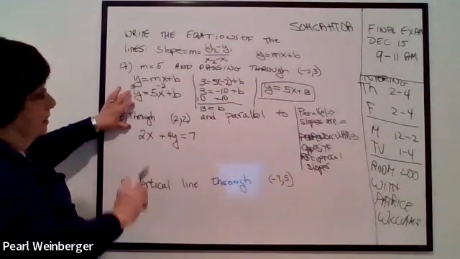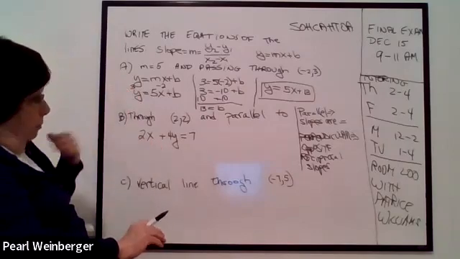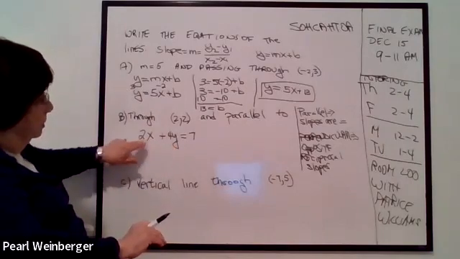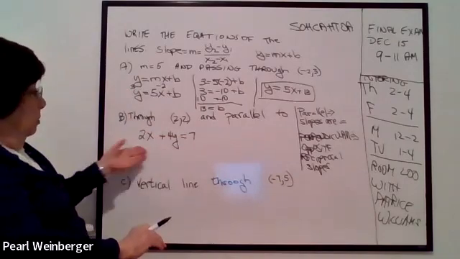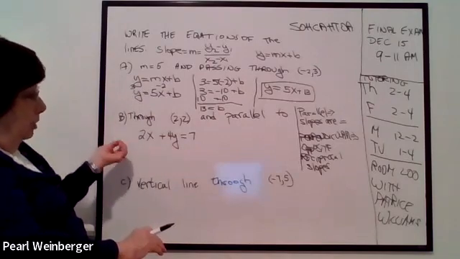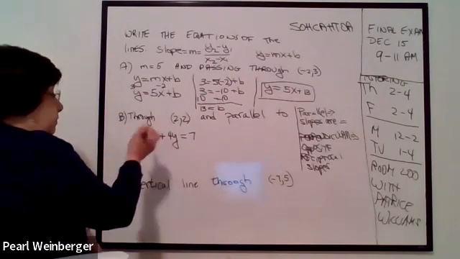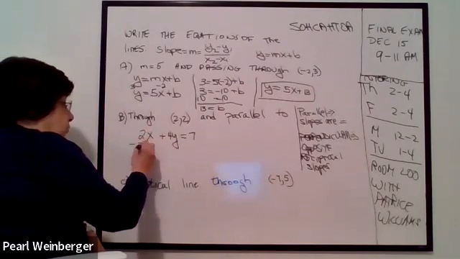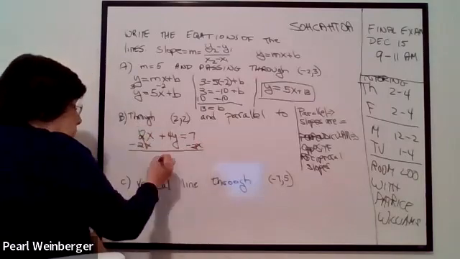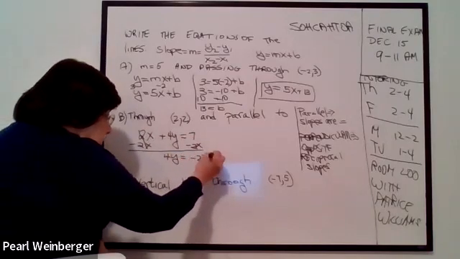Okay, in this case, they're not asking us about perpendicular lines, they're asking us about parallel lines. So we know the line that we're going to write the equation of will have the same slope as this line, 2x plus 4y equals 7. The only thing is, this is not in the right setup so that I could see its slope. In order to figure out what its slope is, I have to put this in the y equals mx plus b form, which means I'm going to subtract 2x from both sides, which will give me 4y equals -2x plus 7.